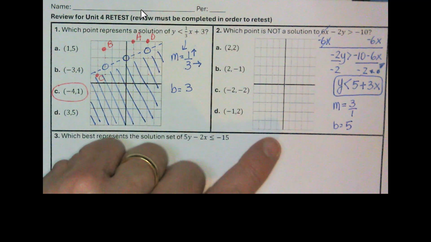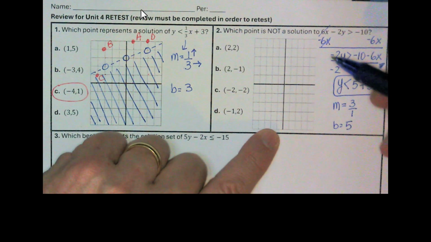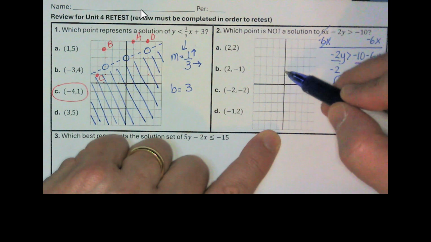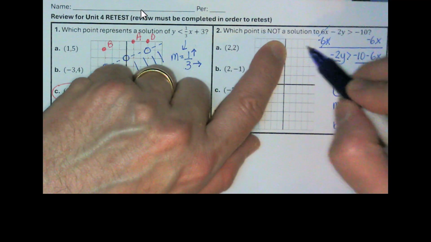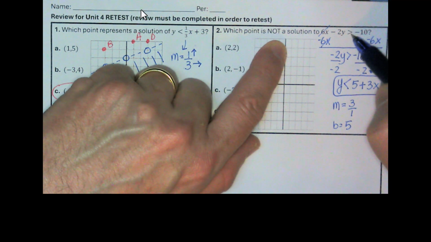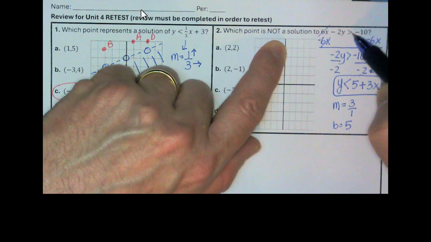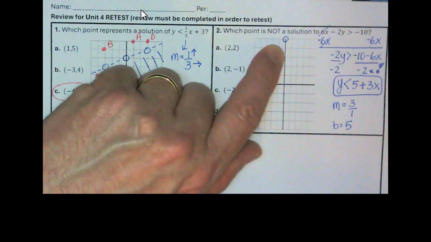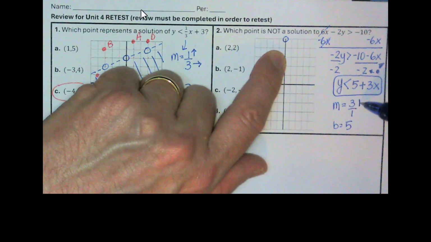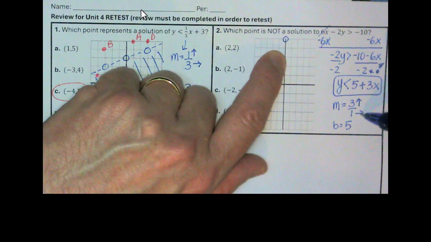Now that we have that, we're going to start the graph with the y-intercept at 5. So we're going to go 1, 2, 3, 4, 5. Now remember, we know we're going to make a point there, but we need to make sure, is it going to be empty or solid? There's no dash right there, so that's going to be empty. Then look at the slope. I'm going to go up 3 over 1.